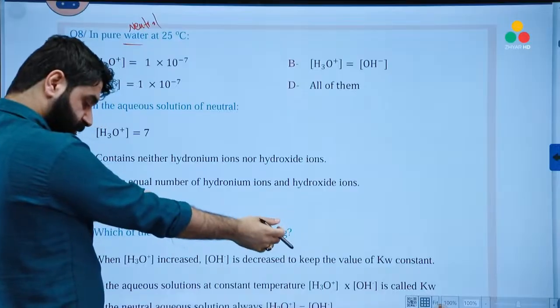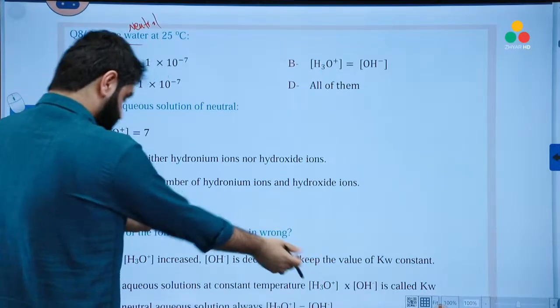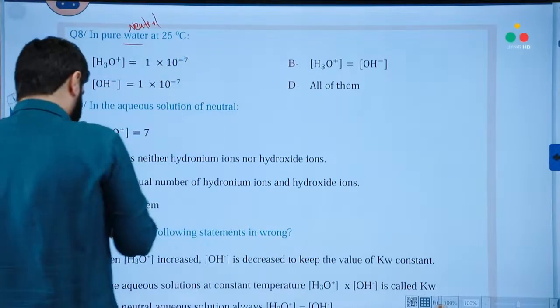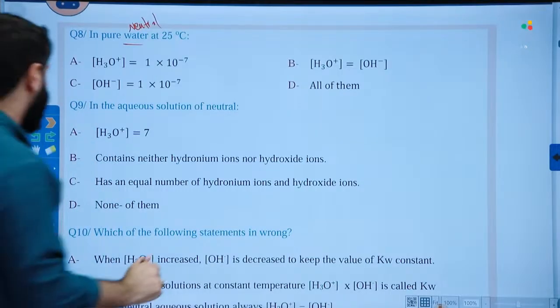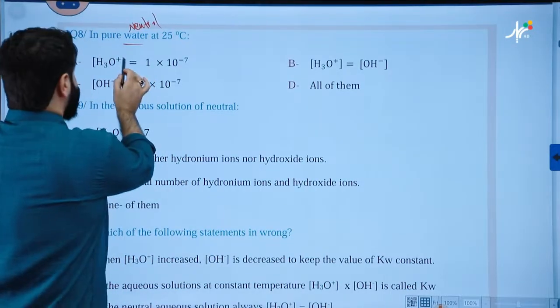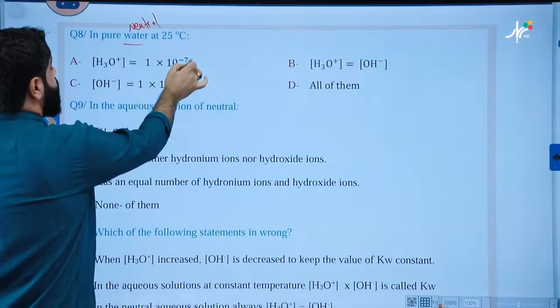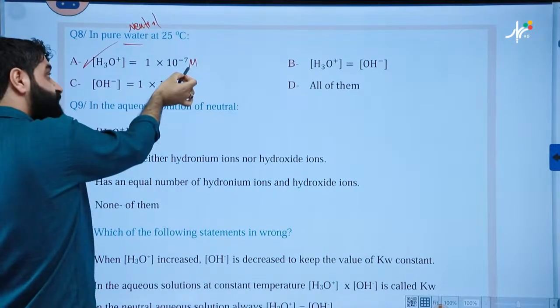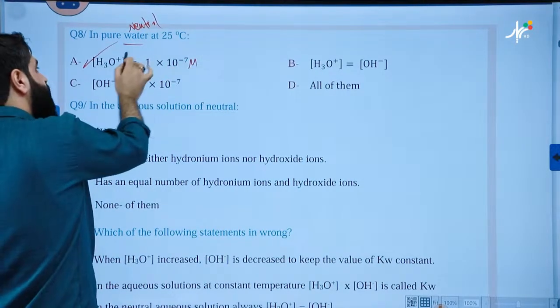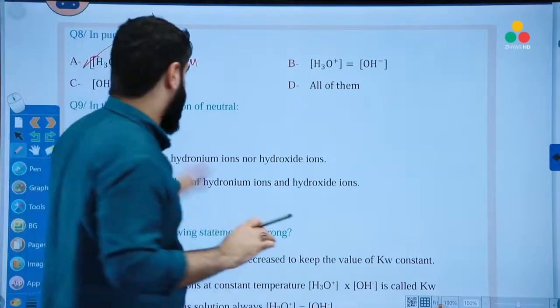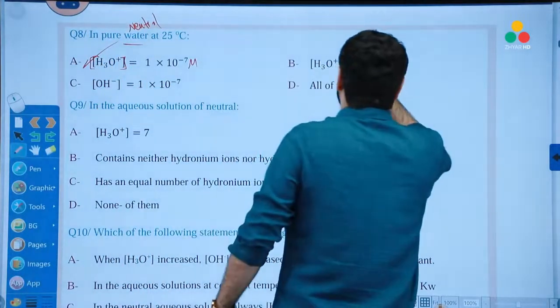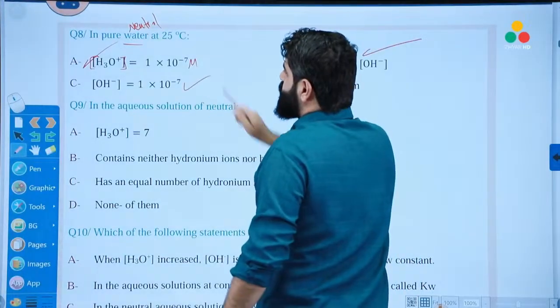H3O equals to this number in molarity, of course, even though we don't have molarity. This big bracket stands for the molarity. It's a symbol of molarity. This one is also true.